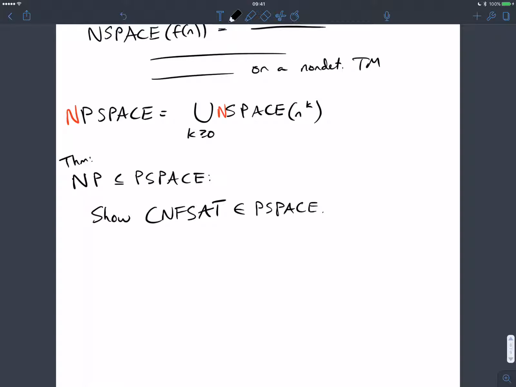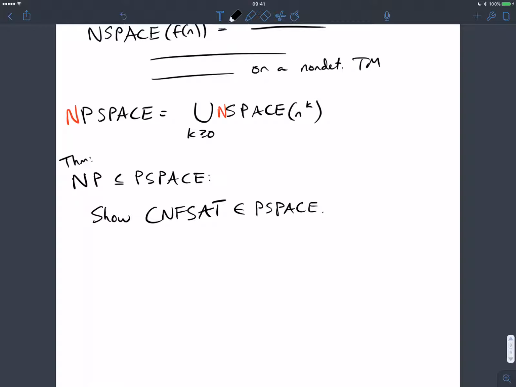Well, there are 2 to the n different assignments, so I'll use 2 to the n space at least. That's more than a polynomial. It's exponential, so that idea won't work.